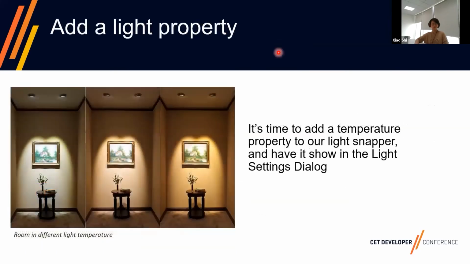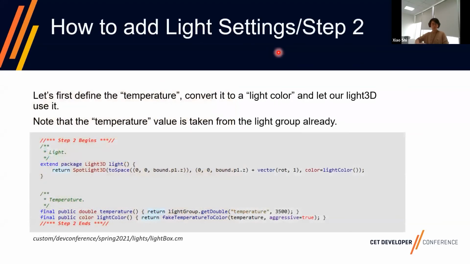Remember that we mentioned a little bit of the temperature, and it's time that we add this into the light setting dialog. First of all, you need to set up a temperature method. Notice that in this temperature method, you actually do not store the temperature value inside your snapper. You get the light group and ask for the temperature from it.